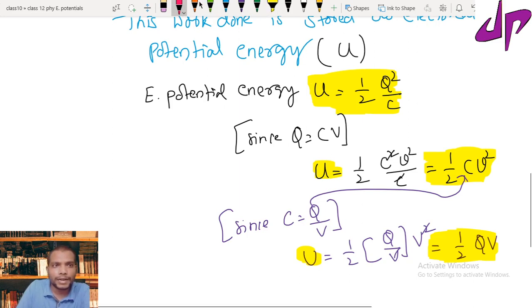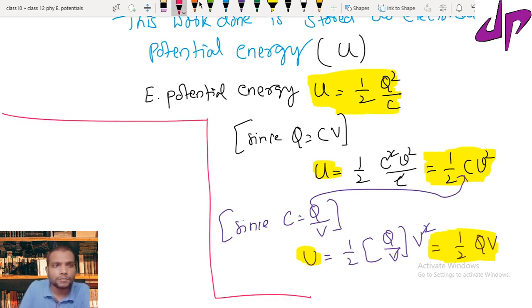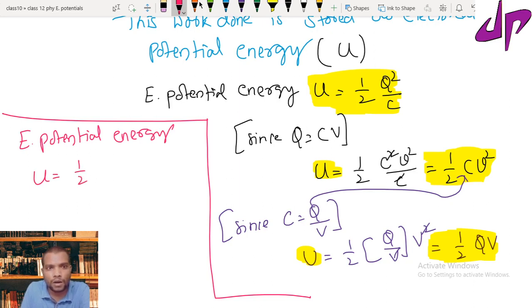So finally, electrical potential energy: in terms of charge and capacitance, U equals half Q square upon C, or U equals half CV square, or in terms of charge and potential, U equals half QV.